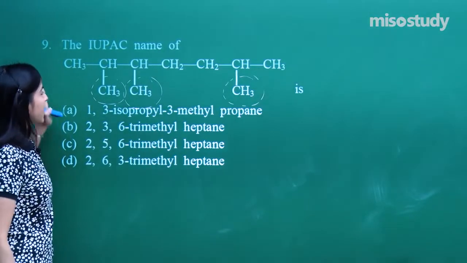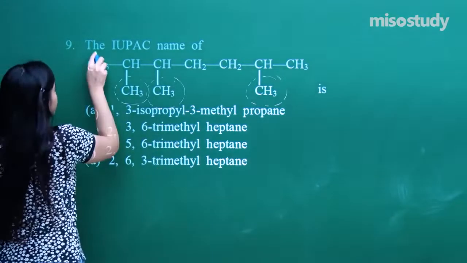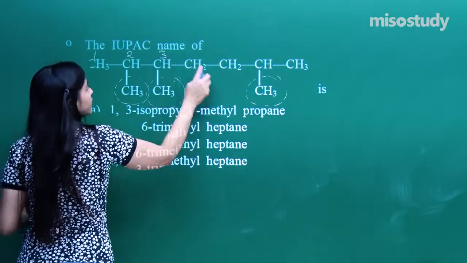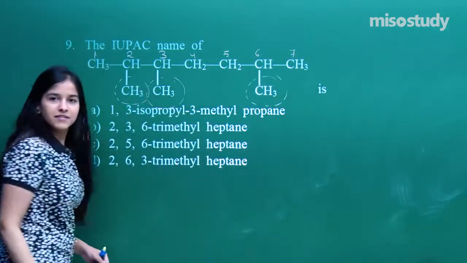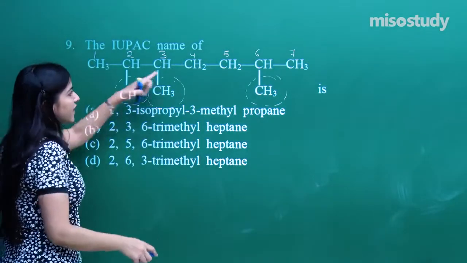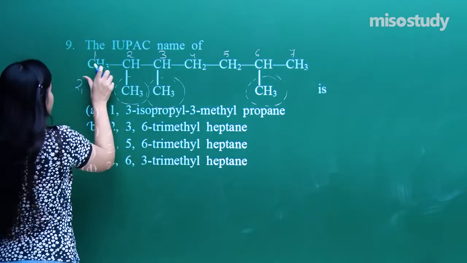That means if I start numbering from left to right, what do I have? 1, 2, 3, 4, 5, 6 and 7. So 2, 3, 7 is the set first. Sorry, 2, 3, 6.